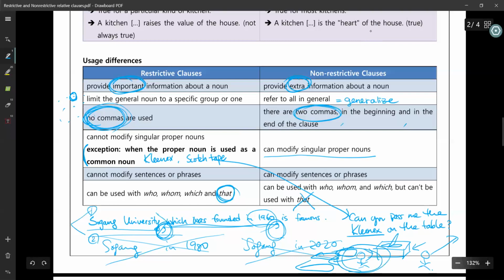So we need to identify the specific Kleenex that's on the table. In this case, we will have to use the word proper noun in a restrictive clause. But that's only when we use the proper noun as a common noun, like Kleenex or Scotch tape.